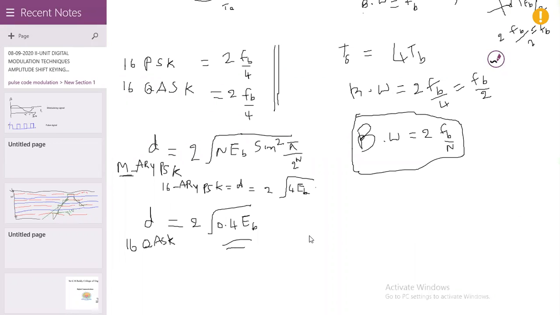Please, anybody? Substitute N plus 4. So for 16 array PSK, the value is 2 into root of 0.15 EB. Did you get this value? Whereas in 16 QASK, the value is 2 into root of 0.4 EB.